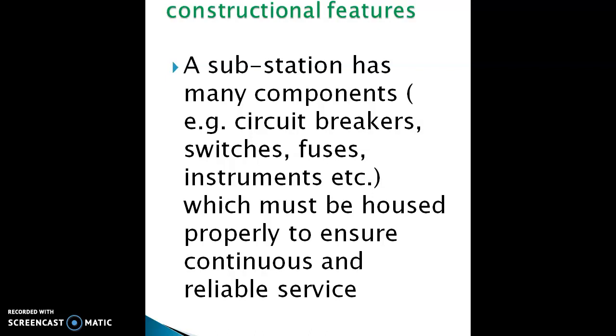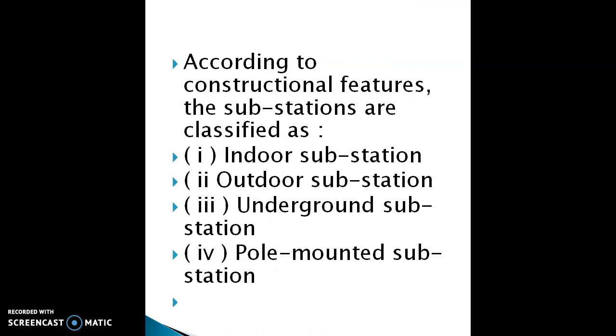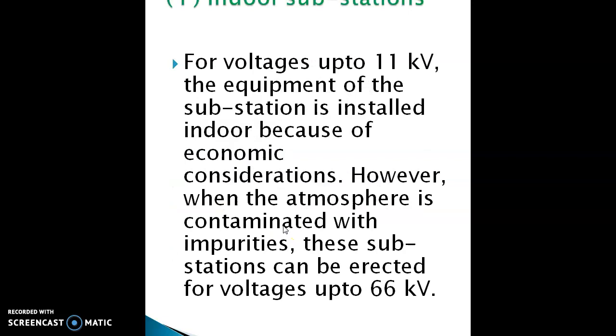A substation has many components, that is circuit breakers, switches, fuses, instruments, etc., which must be housed properly to ensure continuous and reliable service. According to constructional features, the substations are classified as indoor substations, outdoor substations, underground substations, and pole mounted substations.